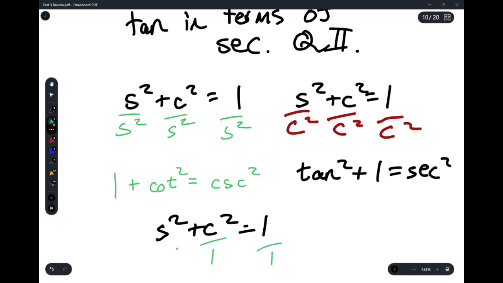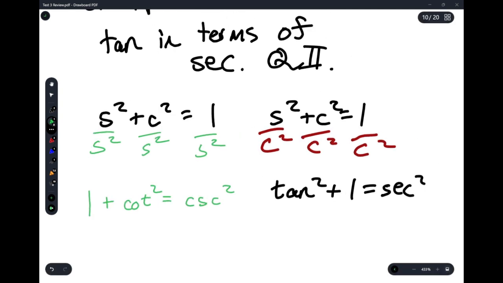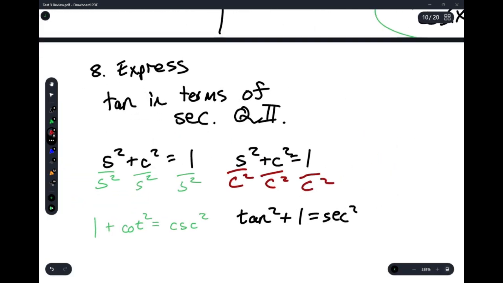Divide by 1, and what happened? It's the same. Nothing happened. So we're making all the formulas we can by just dividing out each of the terms. My question then is, which of those two formulas helps with this problem more?